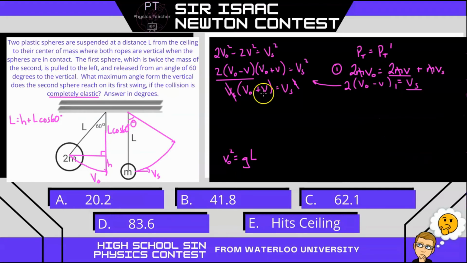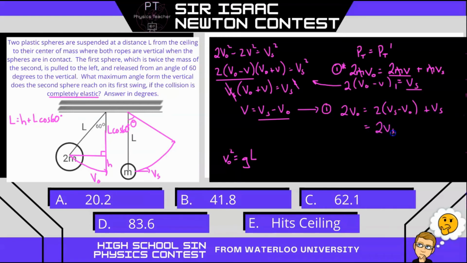So now I'm going to take this equation and I'm going to rearrange for v, which equals vs minus v naught. And now I can substitute this back in to equation 1 right here. So we have 2 times v naught is going to equal 2 times v, where v is vs minus v naught, plus vs. Alright, so let's expand.